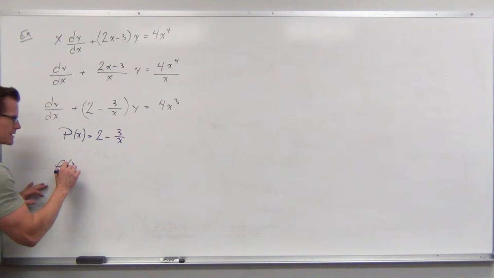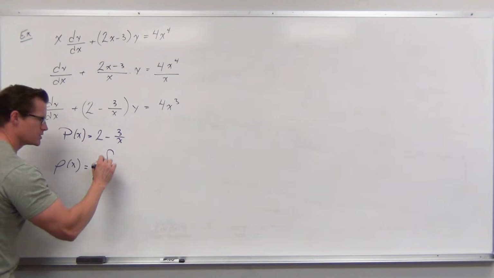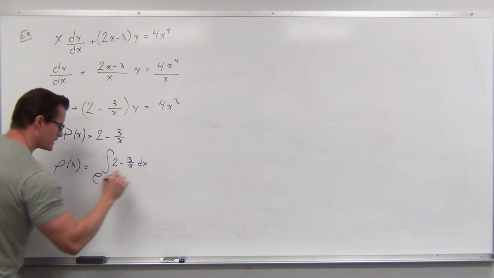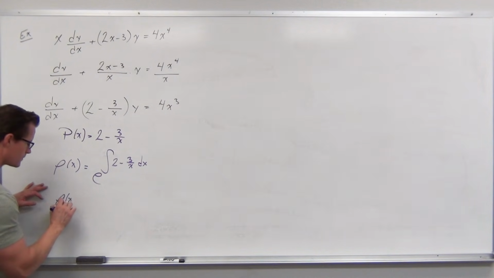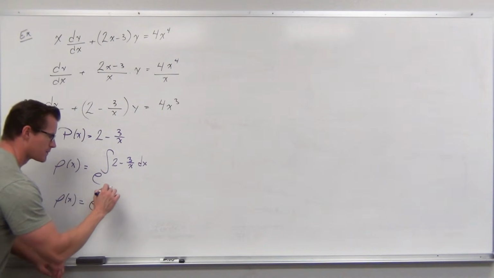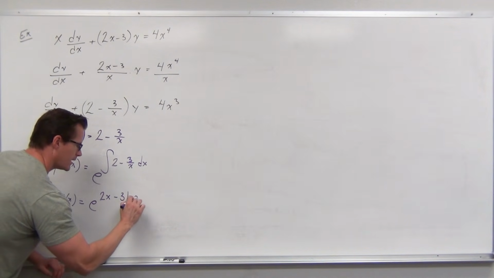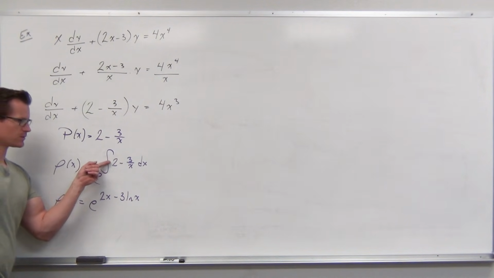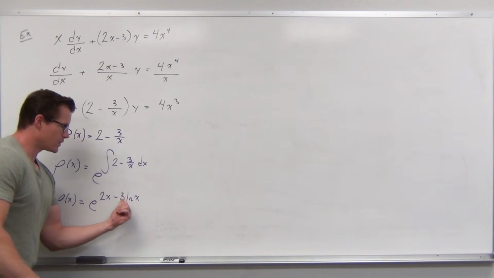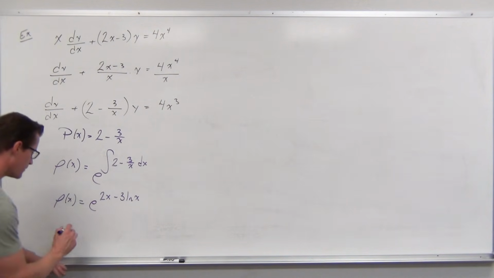Rho of x says take your exponential, do an integral of p of x. See what that does. 2 gives us 2x minus 3 ln x. So integral of 2 is 2x minus integral of 3 over x gives us 3 ln x. We know we can move that exponent up.